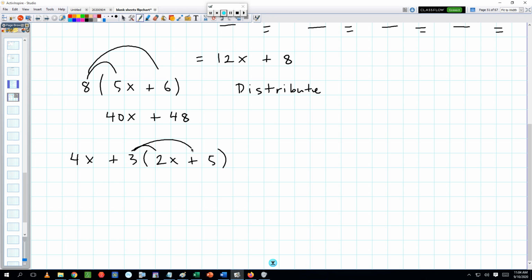Multiplication always comes ahead of addition anyway. So we have 4x waiting, but then I go 3 times the 2, that gives me 6x. I go 3 times the 5, that gives me 15. And then I can combine like terms. I have 4x, I have 6x, so that gives me 10x. And then I just bring down the 15, because there's no like terms to add with it.